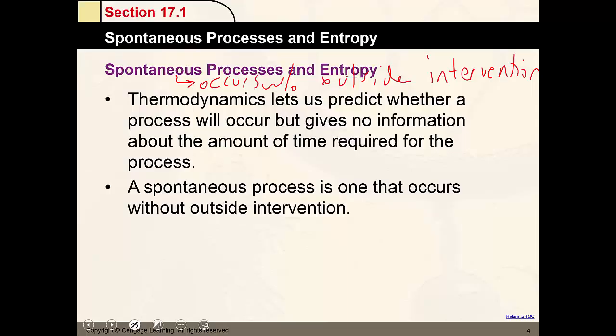And then some examples that we'll use in chemistry: when a gas fills a container, it fills that entire container. It doesn't just get clumped up in one spot. Or if you have a hot and cold object, heat spontaneously flows from the hot to the cold object.